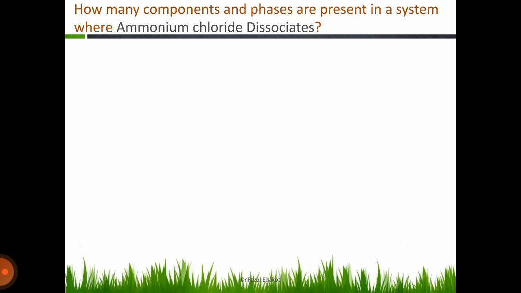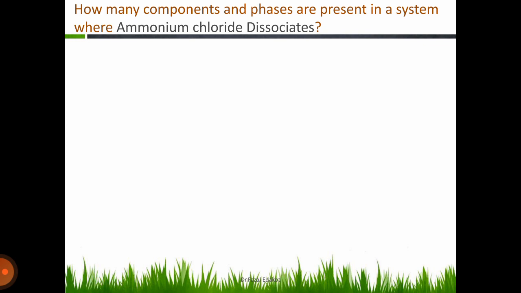How many components and phases are present in a system where ammonium chloride dissociates? Here you must have learned calcium carbonate dissociating to calcium oxide and carbon dioxide. When you talk about the partial pressure in this equation, you only consider carbon dioxide, not calcium oxide or calcium carbonate.